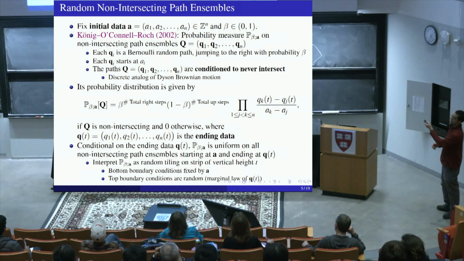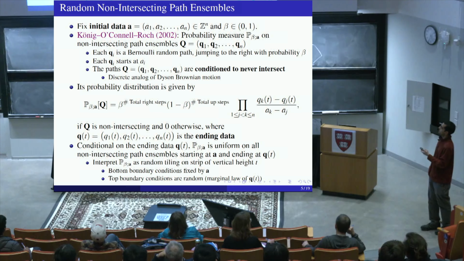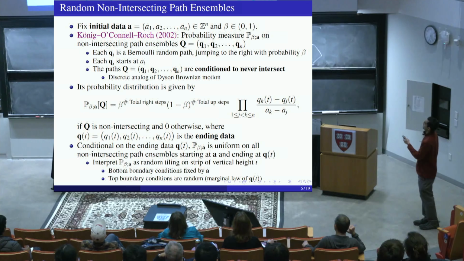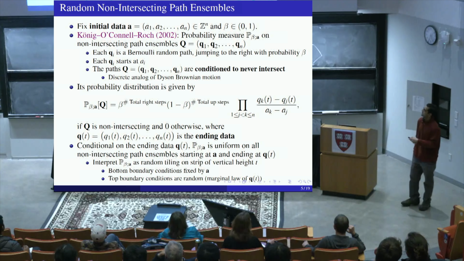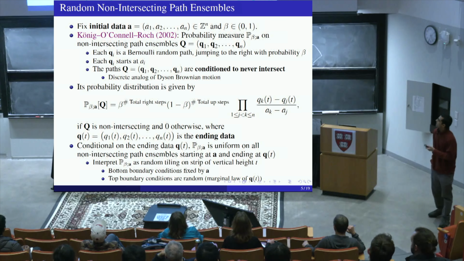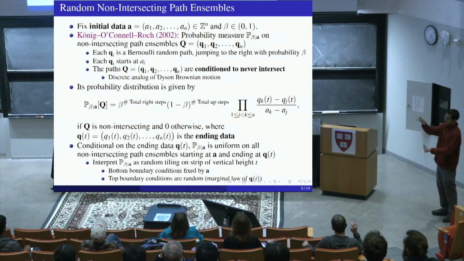Now, I've described it in terms of conditioning, but you can write down its probability density function somewhat explicitly. I've written it down over here. I won't really use it much in this talk. I just wanted to let you know that it's explicit. A fact about this model is that I've fixed the starting data and run this thing, and it's basically a Markov process.